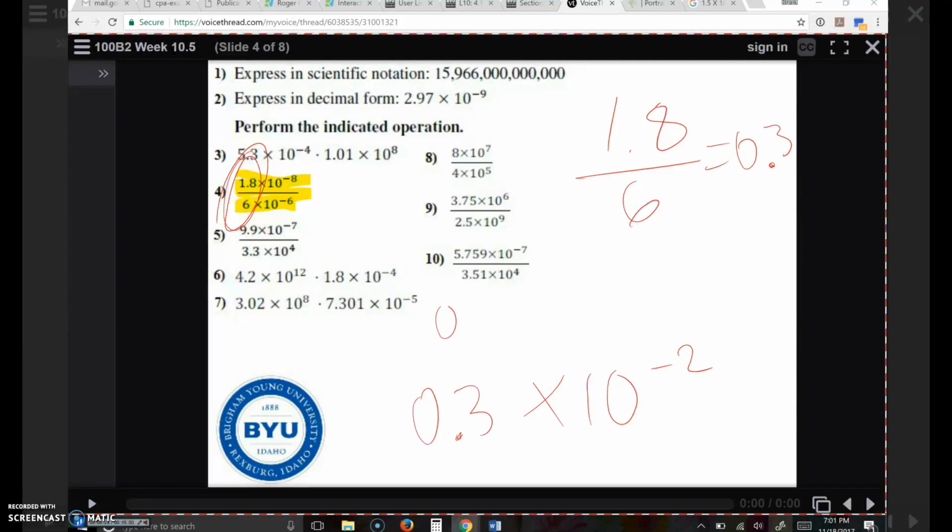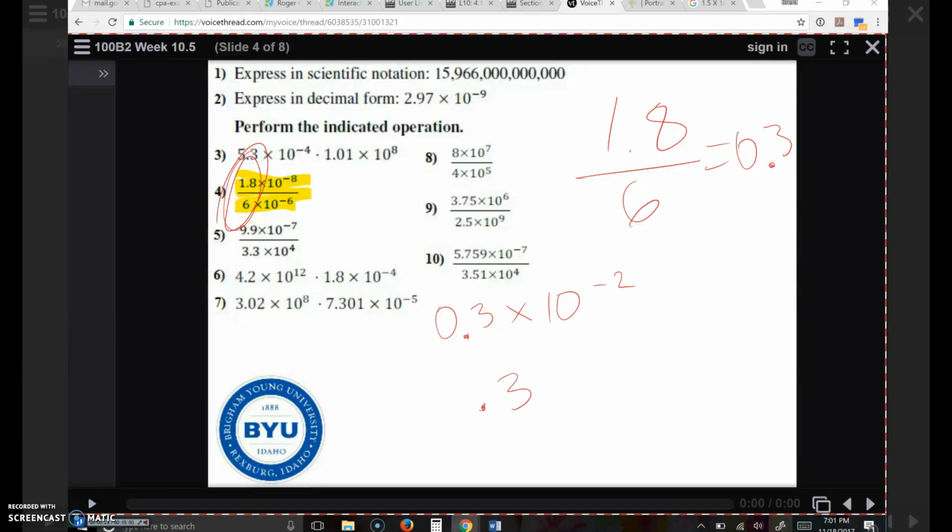But I'm going to move that up, 0.3 times 10 to the -2. But the thing is, this looks kind of weird, being 0 point something times 10 to the -2. So remember what this actually literally means.